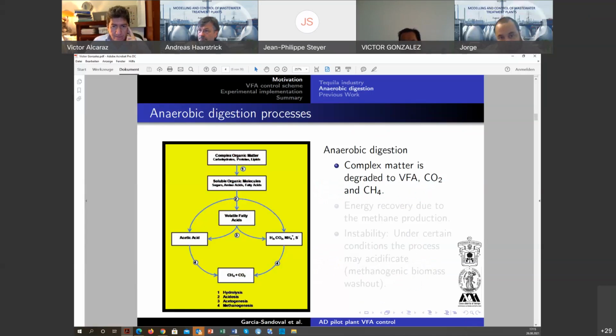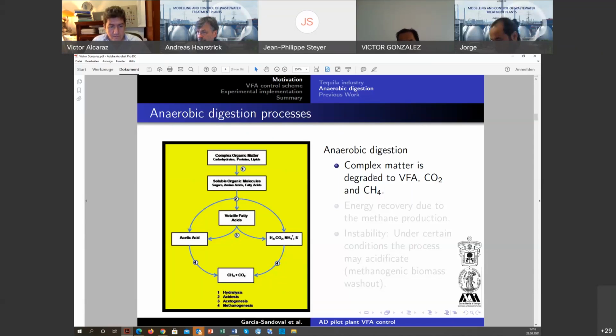Both Jean-Philippe and Victor have shown the processes that are involved in anaerobic digestion.